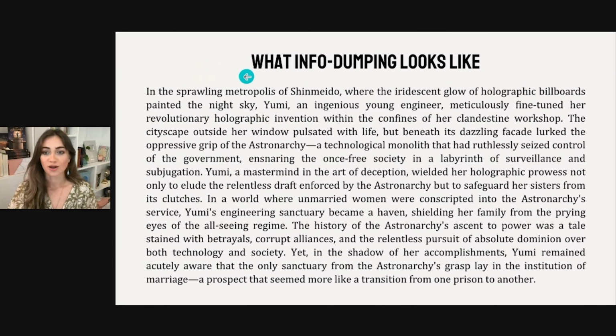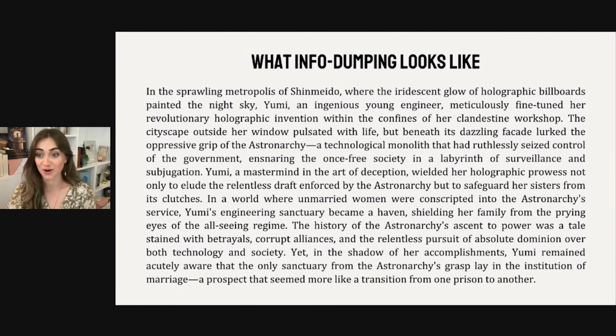In the sprawling metropolis of Shinmeido, where the iridescent glow of holographic billboards painted the night sky, Yumi, an ingenious young engineer, meticulously fine-tuned her revolutionary holographic invention within the confines of her clandestine workshop. The cityscape outside her window pulsated with life, but beneath its dazzling facade lurked the oppressive grip of the astronarchy, a technological monolith that had ruthlessly seized control of the government, ensnaring the once free society in a labyrinth of surveillance and subjugation.